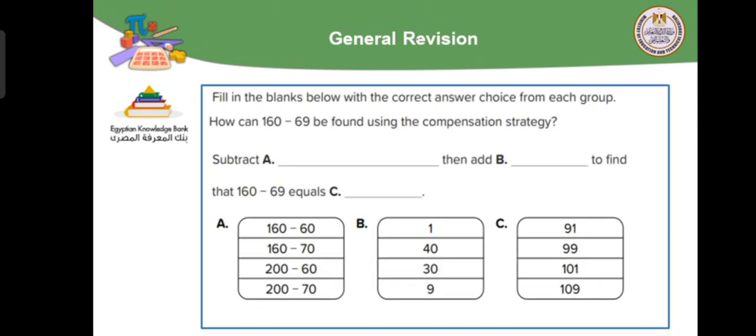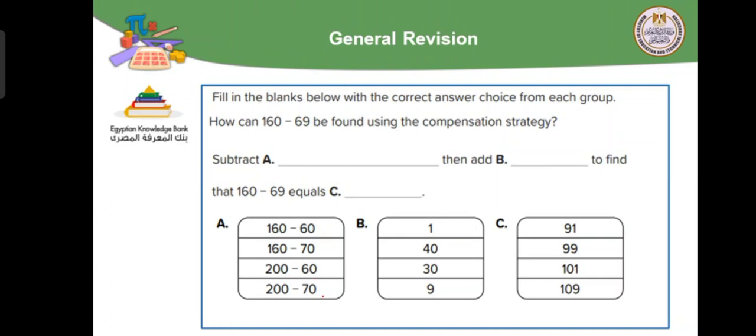Here, fill in the blank below with the correct answer choice from each group. How can 160 minus 69 be found using the compensation strategy? Look here. We can make 160 minus 60, or 160 minus 70, or 200 minus 60, or 200 minus 70.